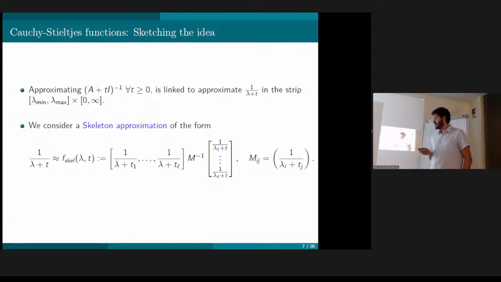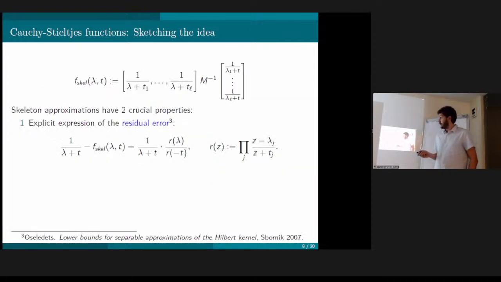And so this rational function can be expressed with a matrix-vector notation like this. And more importantly, it has two important properties. So the first one is that you have an explicit expression for the error. So in particular, the relative error is given by the ratio of the same rational function once evaluated in lambda and once evaluated in minus t.